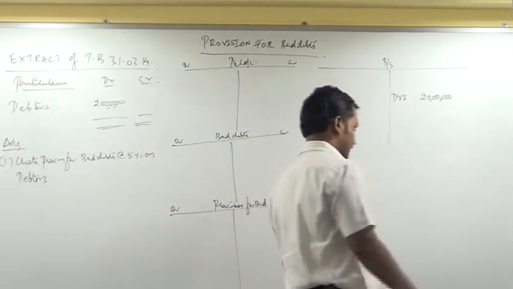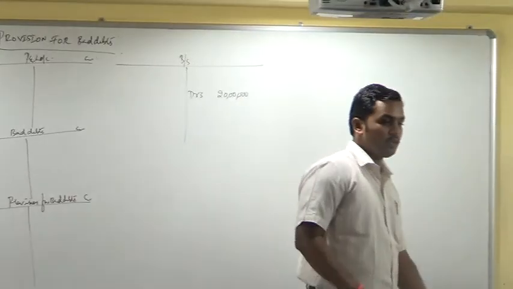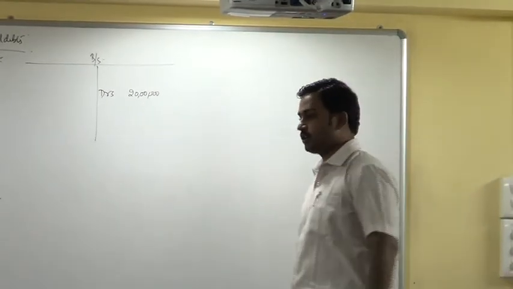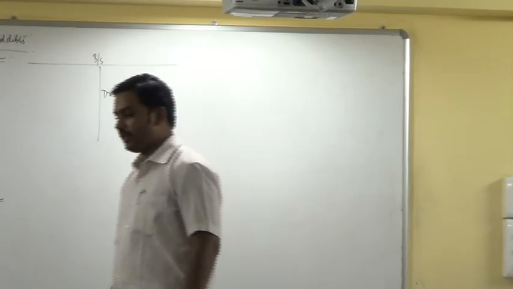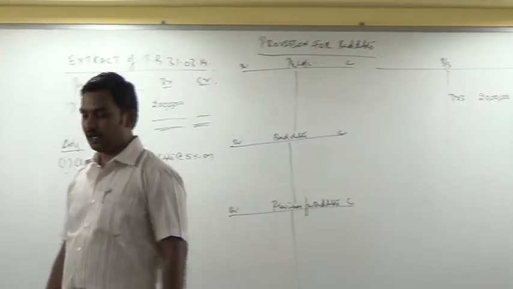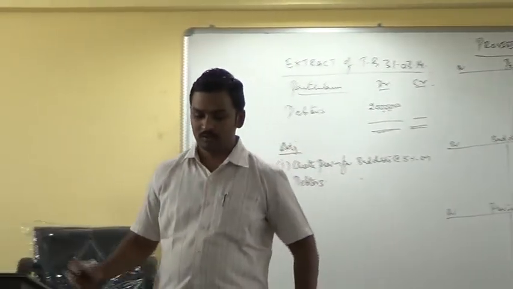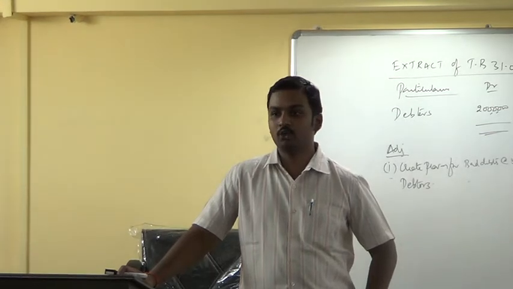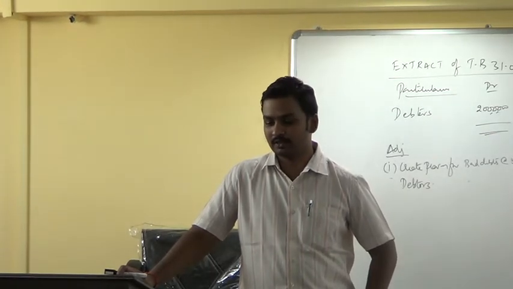To P&L account, debit side. Write down working note. Calculation of the amount to be transferred to provision for bad debts account.